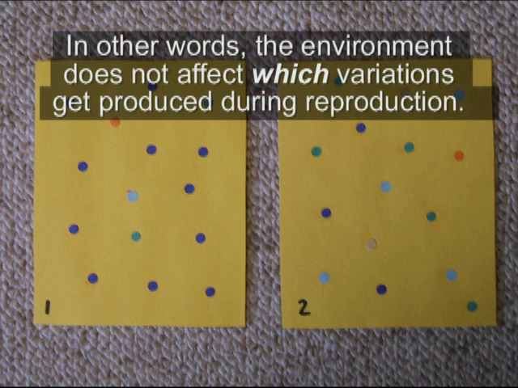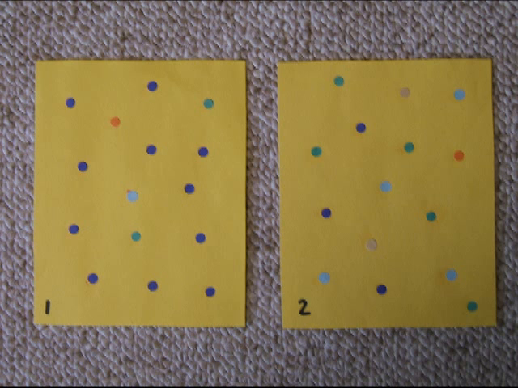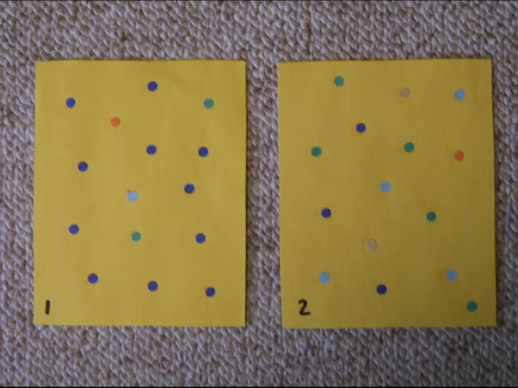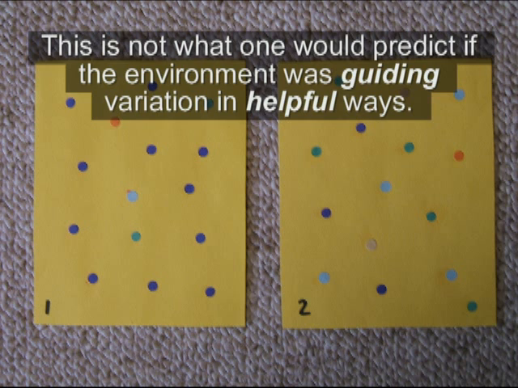In other words, the environment does not affect which variations get produced during reproduction. In fact, most variations are not helpful to the organism. This is not what one would predict if the environment was guiding variation in helpful ways.